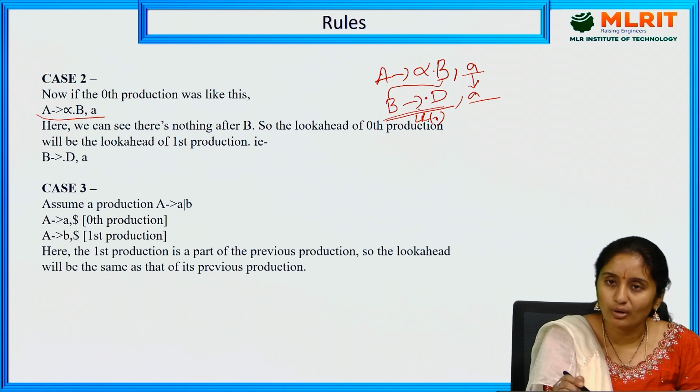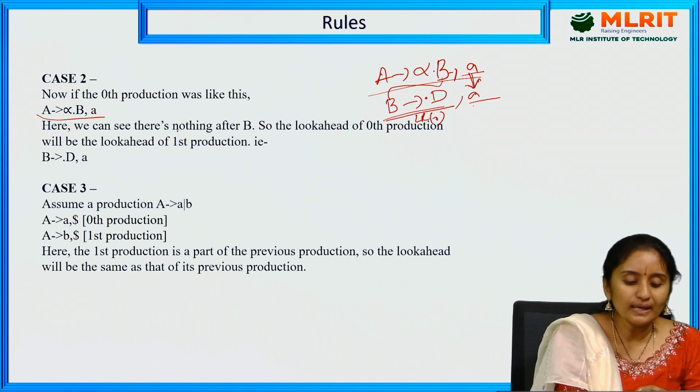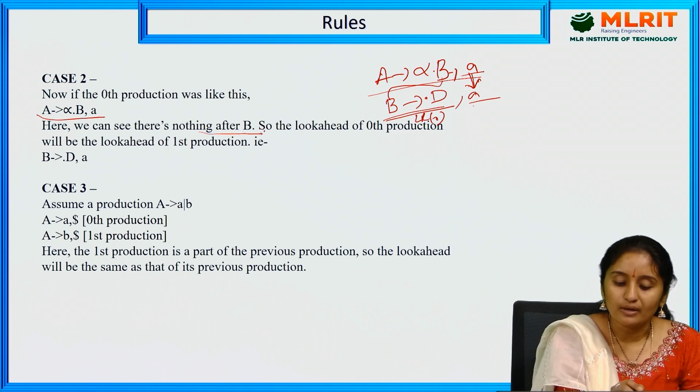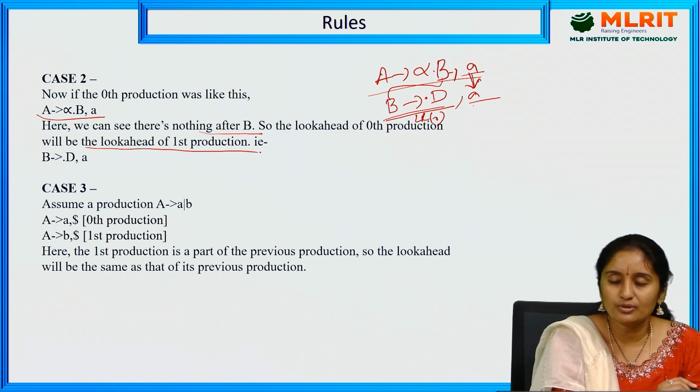I have written the non-terminal productions, and there are no more non-terminals after the one non-terminal in my original production. So we write the look ahead symbols of the previous production. Here there is nothing after B, so the look ahead of the 0th production will be the look ahead of the first production.